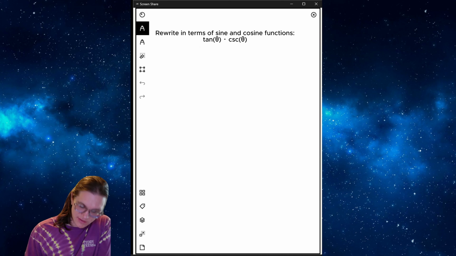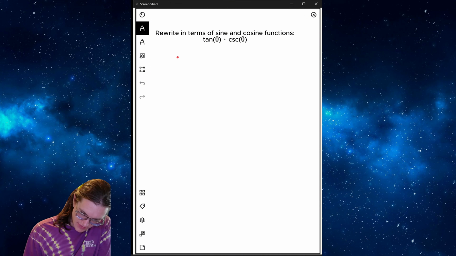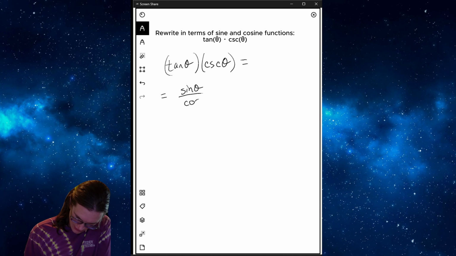Every time I see tangent, I just write sine over cosine, and it's automatic. So tangent of theta, they do the little dot there, but I'm just going to do this. That's going to be equal to sine of theta over cosine of theta, right? We're allowed to do that.